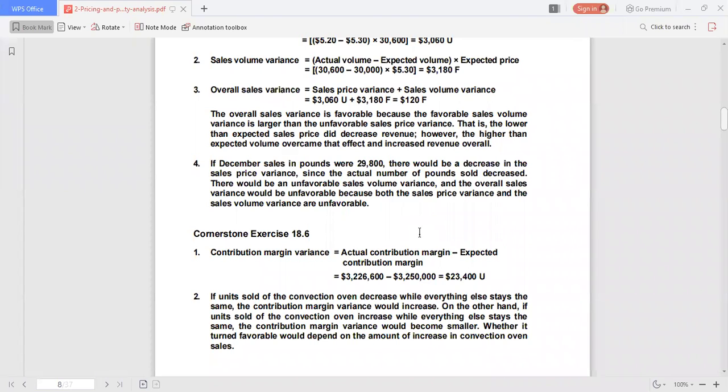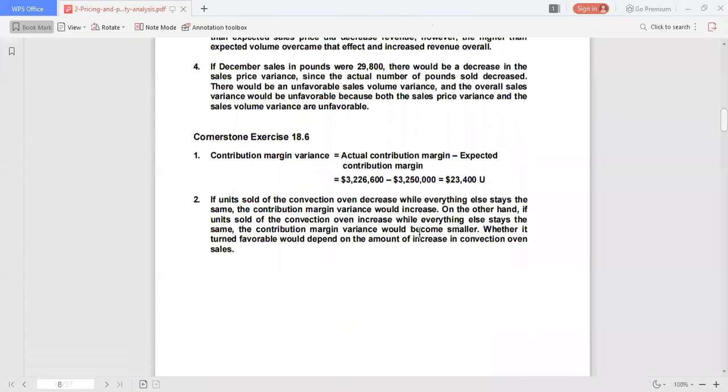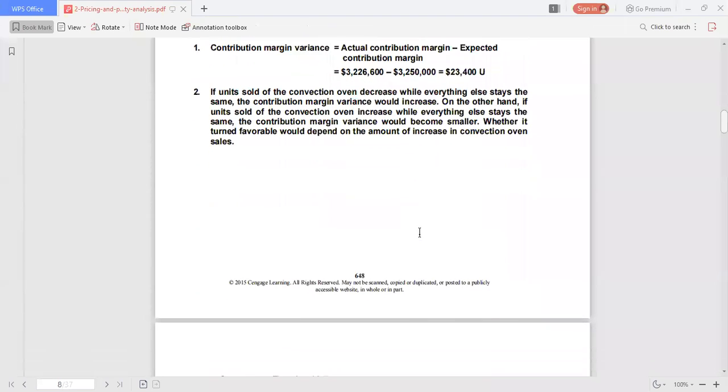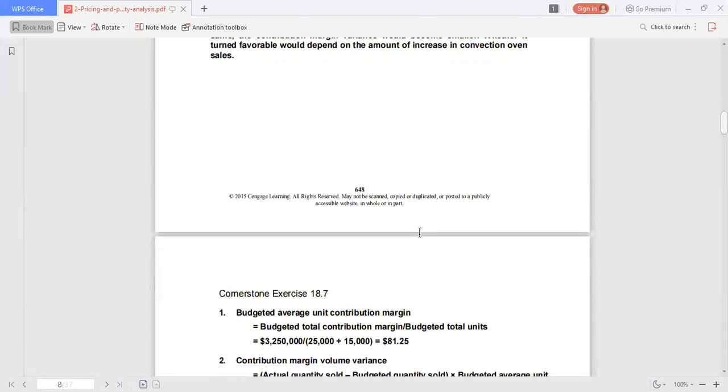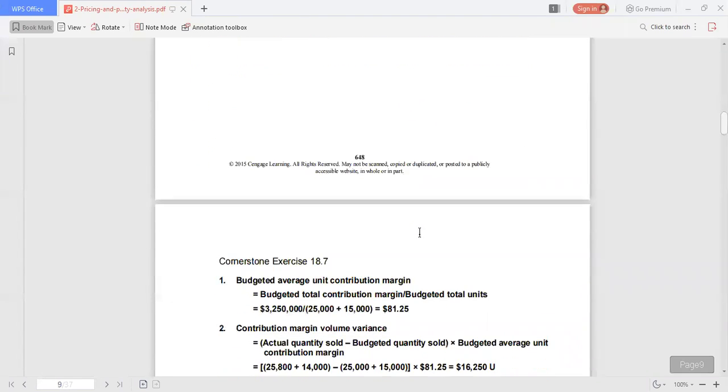Now, 2-7 and 2-8 still relate to 2-6. So, we have 2-7, required: calculate the budgeted average unit contribution margin.